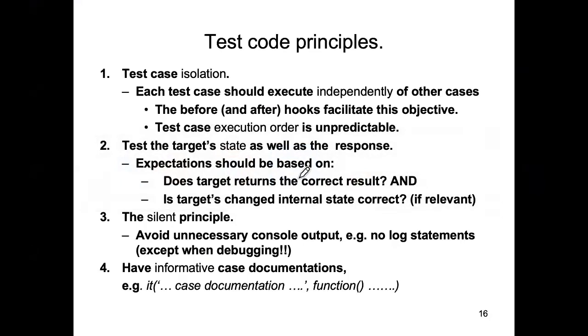We're always interested in principles or good practices and bad practices when we talk about any aspect of software engineering. In terms of testing, one principle is that your test cases, that's really your it blocks, should be isolated from one another. There shouldn't be any overflow from one test case to the next or interdependence between them.